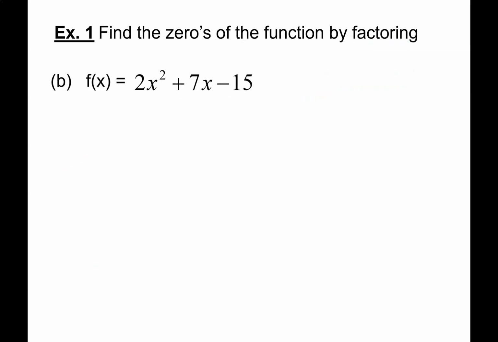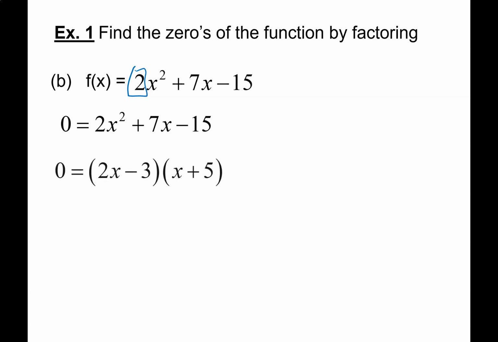Okay, this one, I go ahead and set it equal to 0. Factoring wise, I'm not sure how good you guys are at factoring when the leading coefficient of your squared term is not 1. I will tell you that this polynomial does actually factor down to 2x minus 3 times x plus 5.